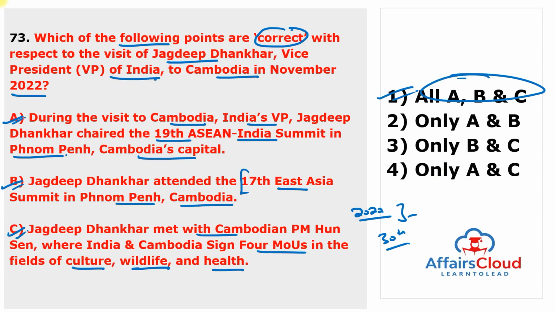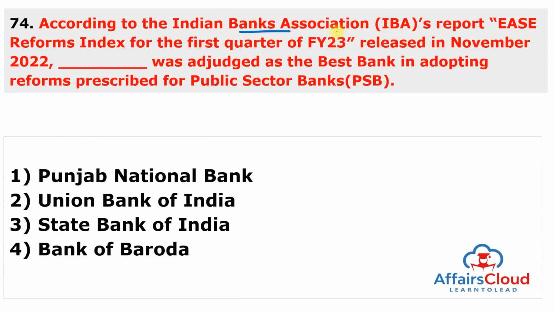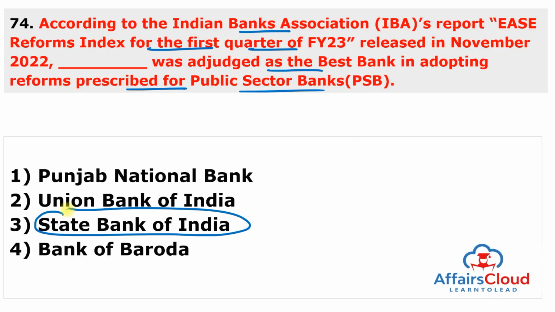Moving to next question. According to the Indian Banks Association report, Ease Reforms Index for the first quarter of financial year 23, released in November 2022, dash was adjudged as the best bank in adopting reforms prescribed for the public sector banks. And this bank is State Bank of India, largest public sector bank. So according to the Indian Banks Association report titled Ease Reforms Index for the first quarter of the financial year 23, the State Bank of India was adjudged as the best bank in adopting reforms prescribed for the public sector banks.